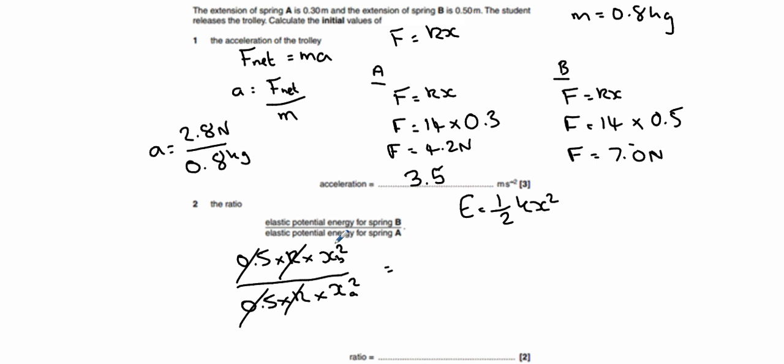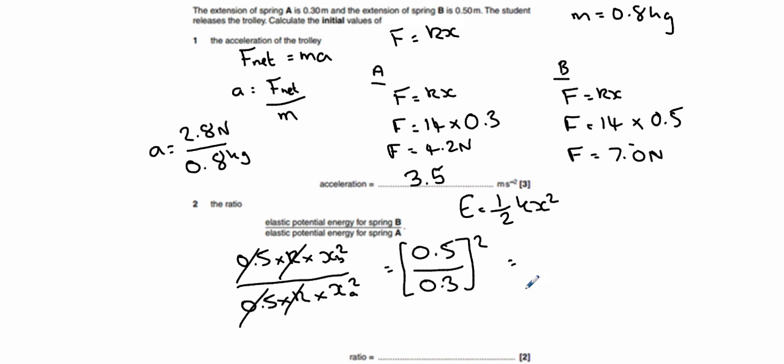Therefore, we're left with the extension of B squared over the extension of spring A squared. The extension of spring B is 0.5, so we've got 0.5 over 0.3, all squared.